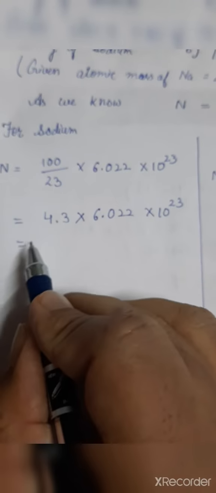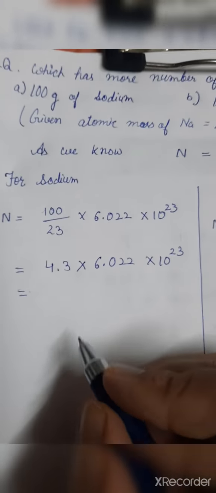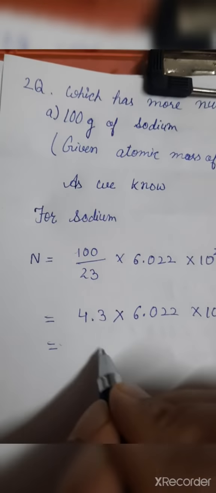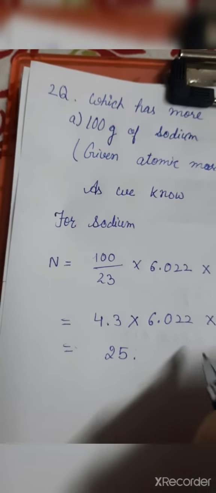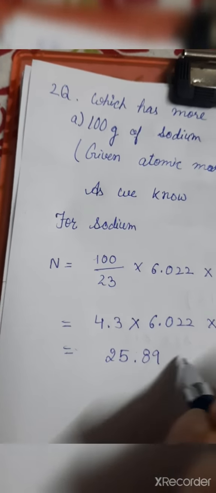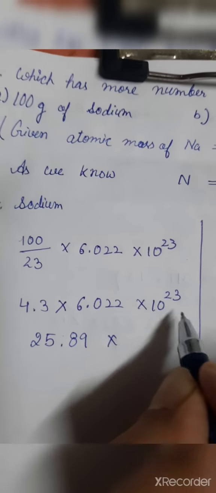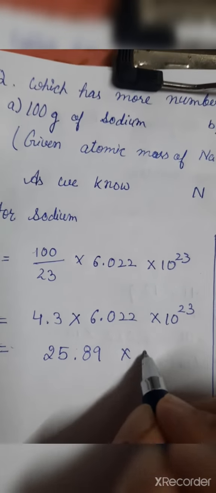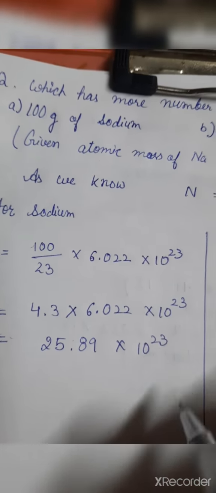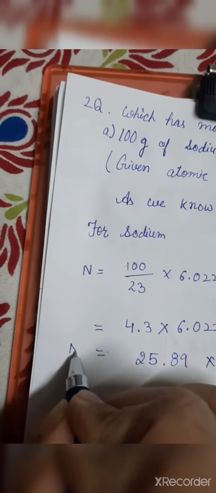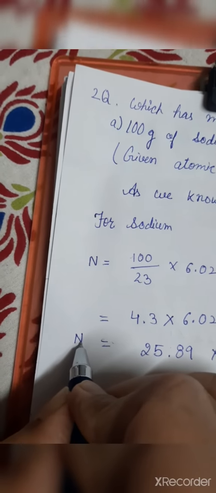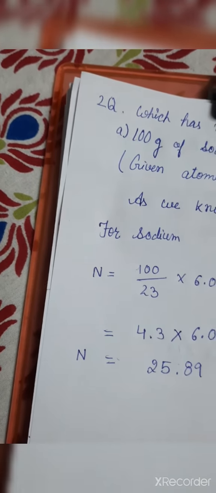Then after multiplication of this Avogadro number into 4.3, we will get 25.89 into 10 raised to power 23. These are number of atoms of sodium in 100 grams.